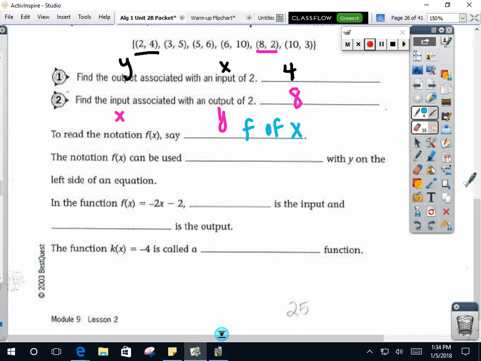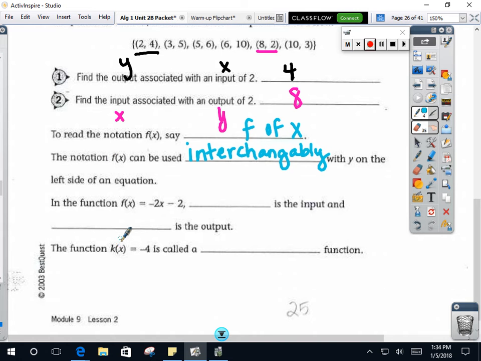The notation f of x can be used interchangeably with y on the left side of the equation. So we're used to seeing y equals over and over with equations. Today, since we're starting function notation, they're going to put things like f of x equals, or k of x equals, or g of x equals.